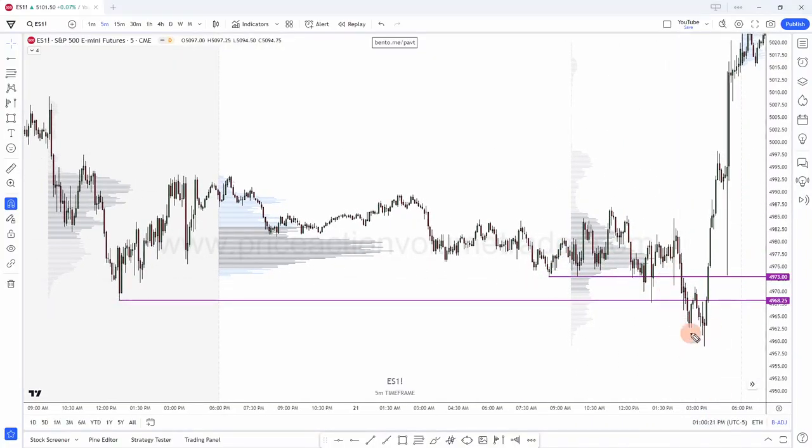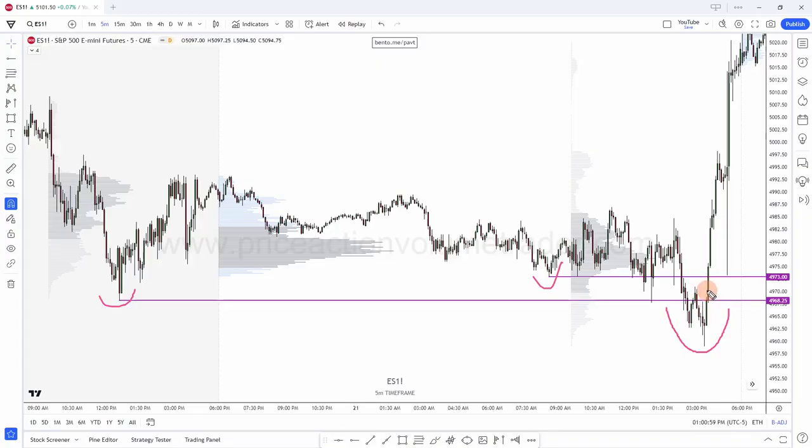And then right over here, you can see we have this break below the level, and then we had a super impulsive move. Now this is a news-driven event, this whole move up, so that was why we had so much volatility here. But we can then use these reference points, yesterday's low and then last extended hours session low, as our key levels. You don't have to wait when you're trading this style of level reclaims.